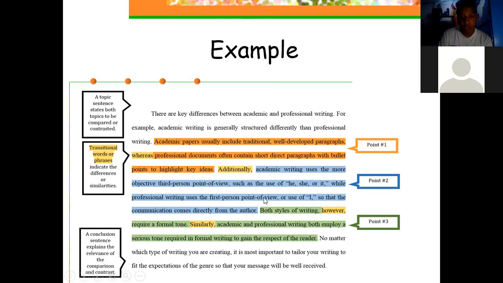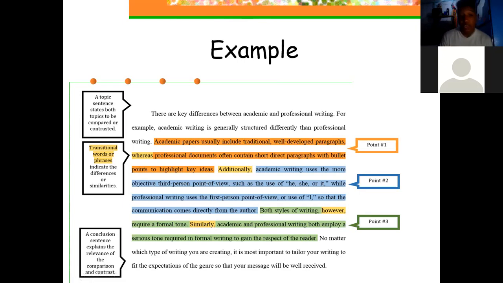Okay. In the conclusion, a conclusion sentence explains the relevance of the comparison and contrast. Always we can use the relevance, right? Both styles of writing, however, require the formal tone. Similarity: academic and professional writing both employ a serious tone required in formal writing to gain the respect of the reader.